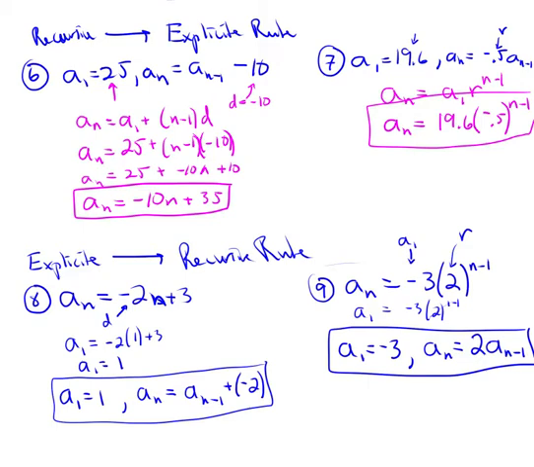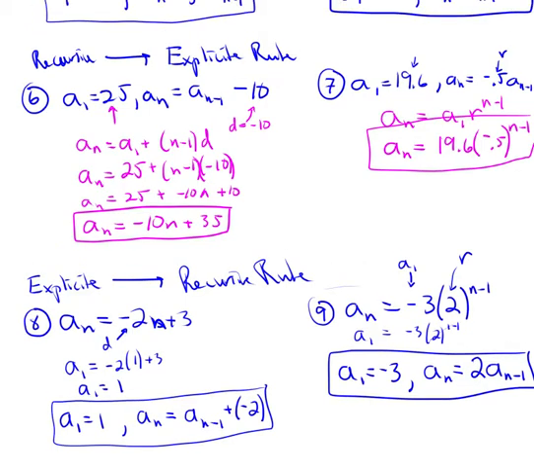Now, you might be asking yourself, well, why do we have two ways to write the same one? Well, a lot of the problems we've solved so far, in linear and exponential, can be written as an explicit rule.